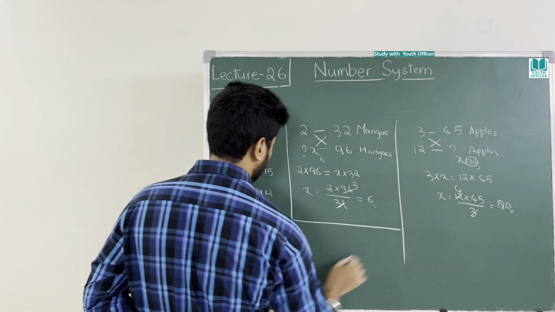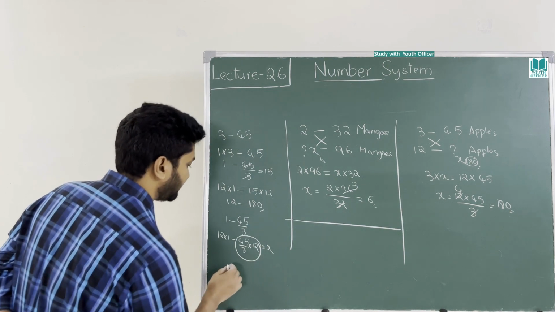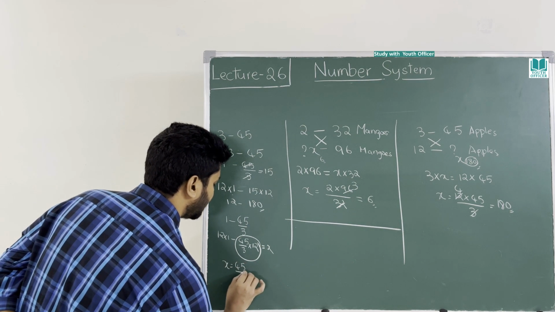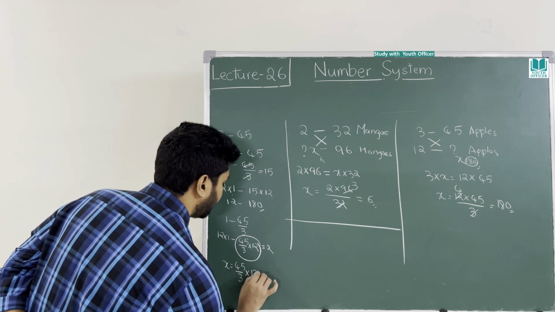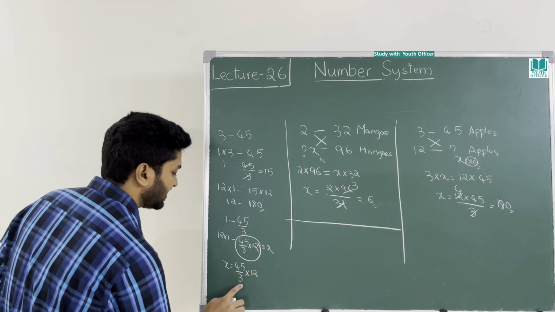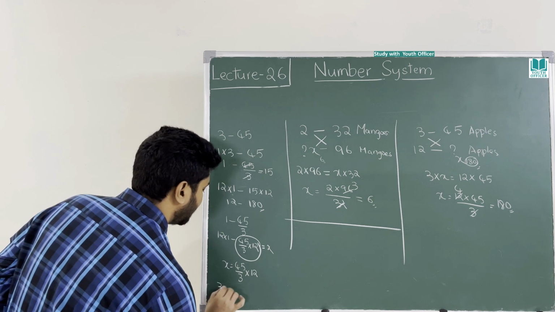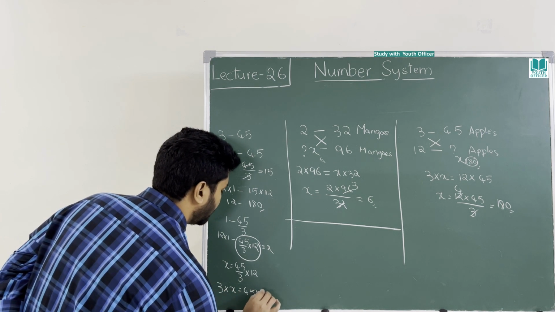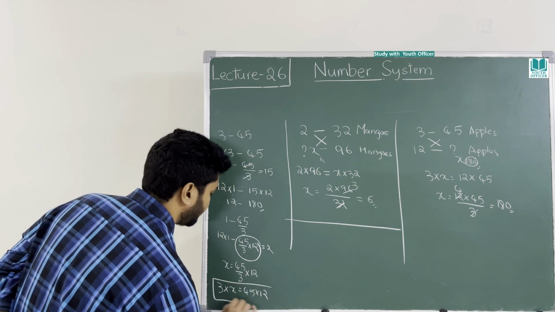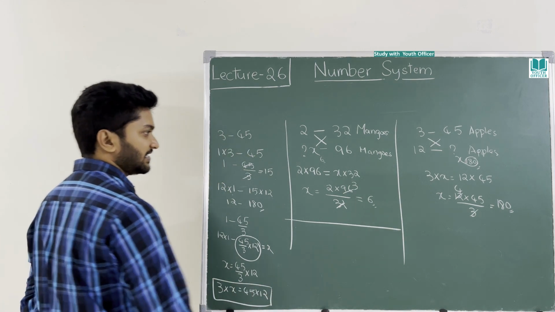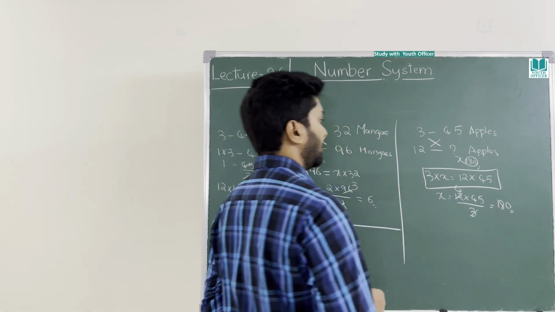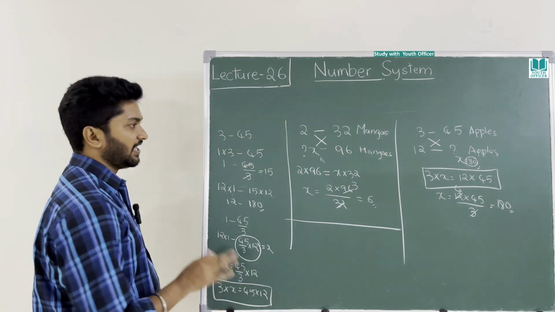That means I'll explain here itself. x equal to how much? 45 by 3 into 12. 3 is dividing here. If you take it to the other side, 3 into x equal to 45 into 12. This is your crisscross method, right? This is how the crisscross method came.